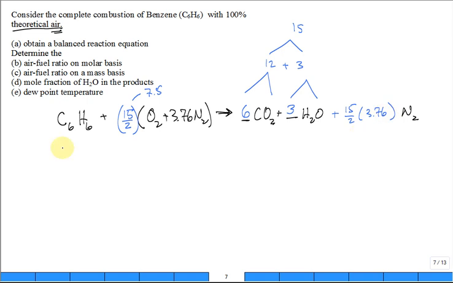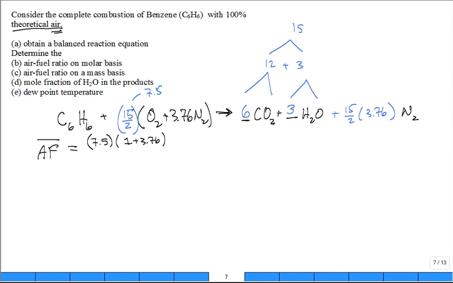Part B. All right, air to fuel on a molar basis. Is that the right symbol? So how many moles of air do I have? 7.5, or 15 over 2, times, this is where a student will make a mistake, 1 plus 3.76, or 4.76. I'll have this on the final exam. I'm going to have a problem like this on the final exam.